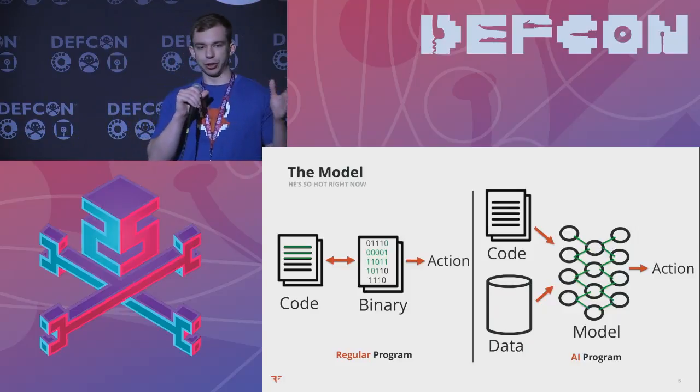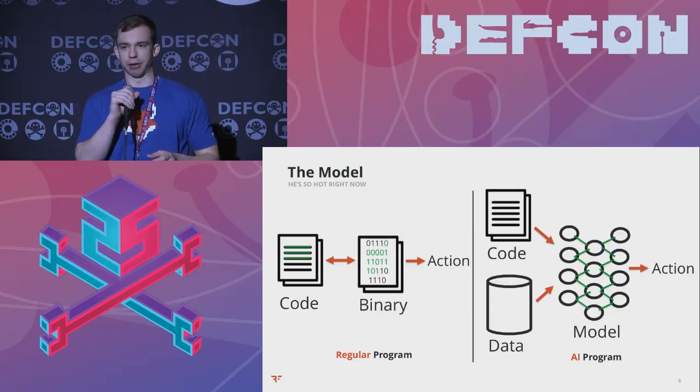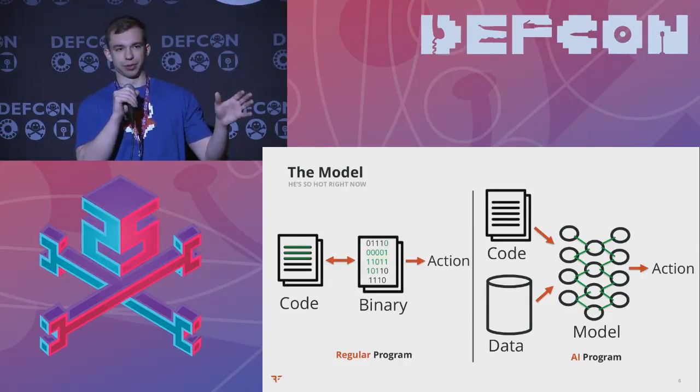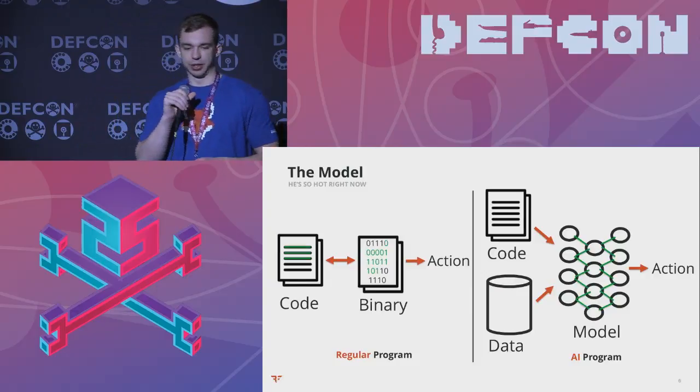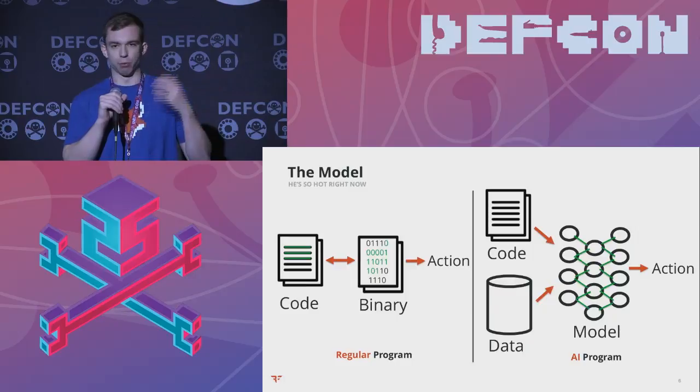There's kind of this one-to-one mapping between the source code and the action you eventually take. So if you have enough time, you can reverse engineer any action your program has taken back to a line of source code. It's a very, very deterministic path back to what actually decided on that action.